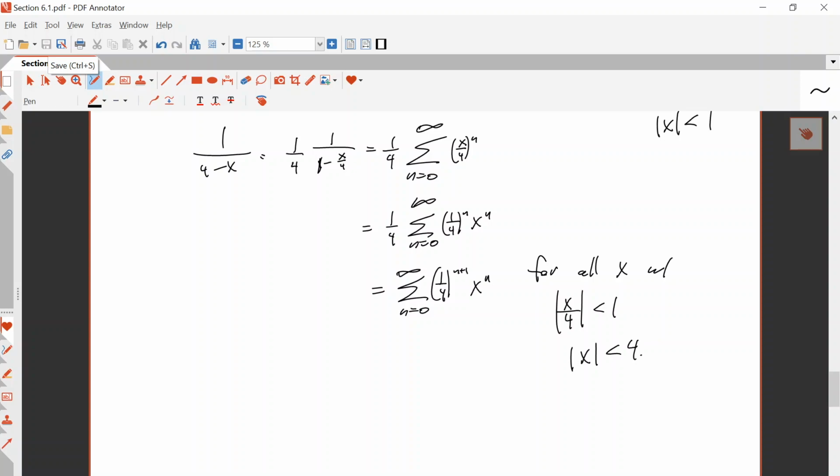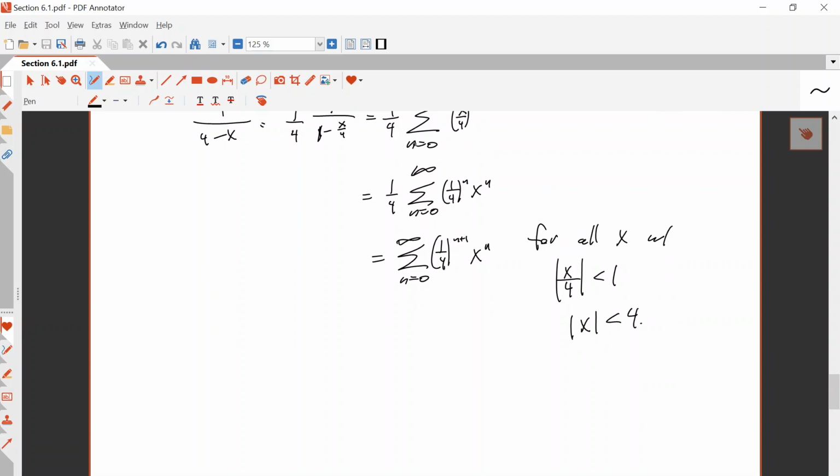Okay, other variations you can do would be something like this. Say like x to the third over 4 minus x. Alright, this is x to the third times 1 over 4 minus x. So this is x to the third, and we already have the power series for that.